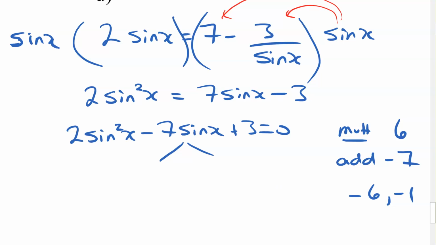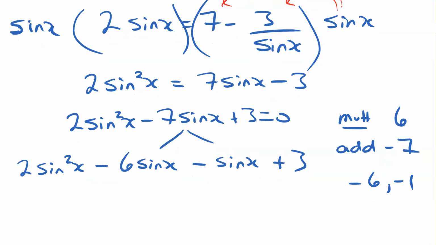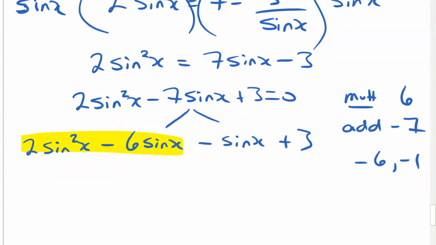So when I write it all out, I'll have 2 times sine squared x minus 6 sine of x minus the sine of x plus 3. Now when I group the first two terms together, and these two terms together, I'm looking at this and I see not only a common factor of sine of x, but also 2.